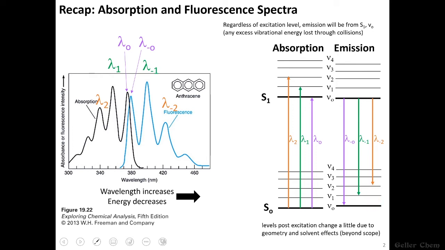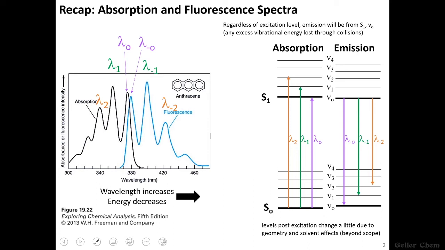So that is a rather extensive recap, but again, I think it's very important that you understand this concept and how it relates to the actual data that we generate in a lab. Notice that the absorption and fluorescence spectra are near mirror images of each other. This will not always happen in real life, but it is a perfectly normal thing to see, and we'll focus on molecules that give these mirror image spectra in this class.